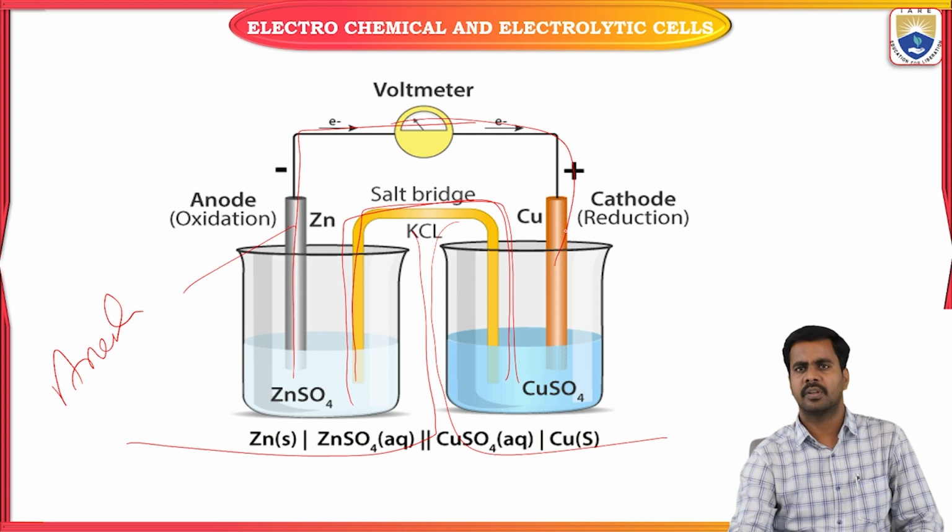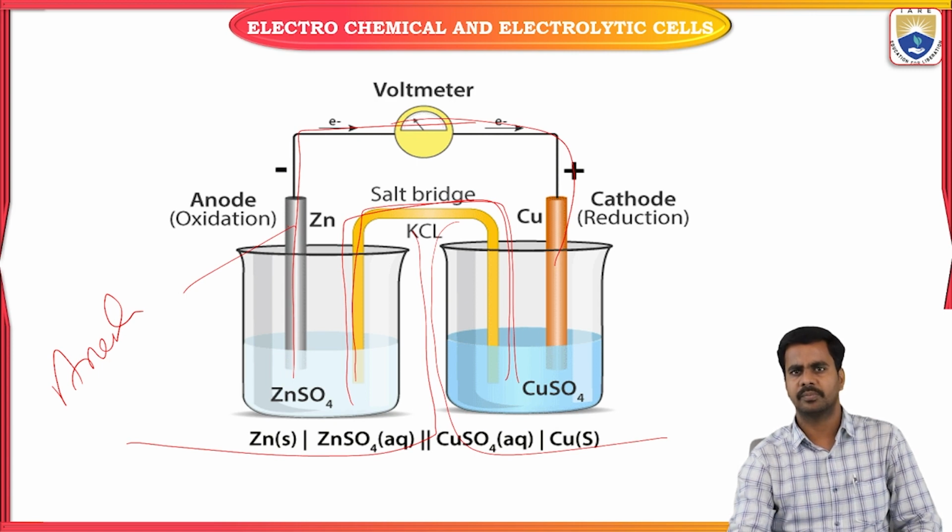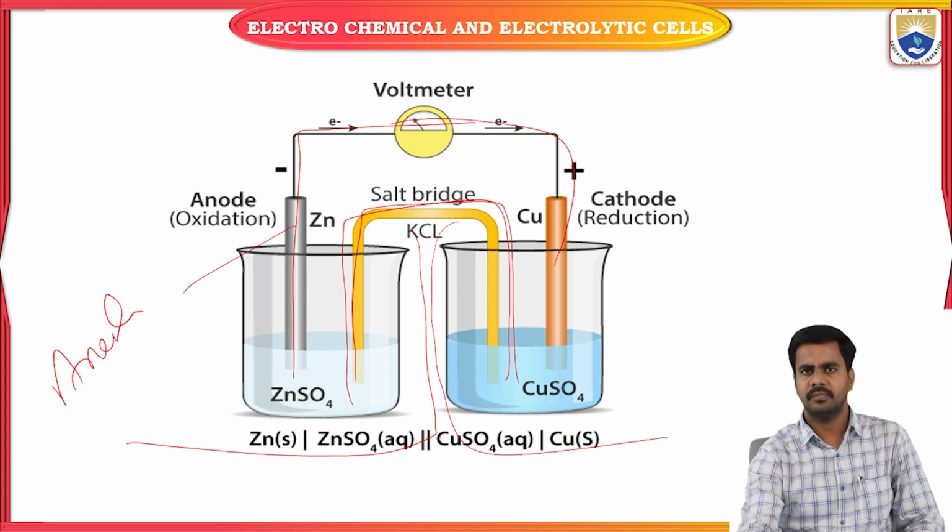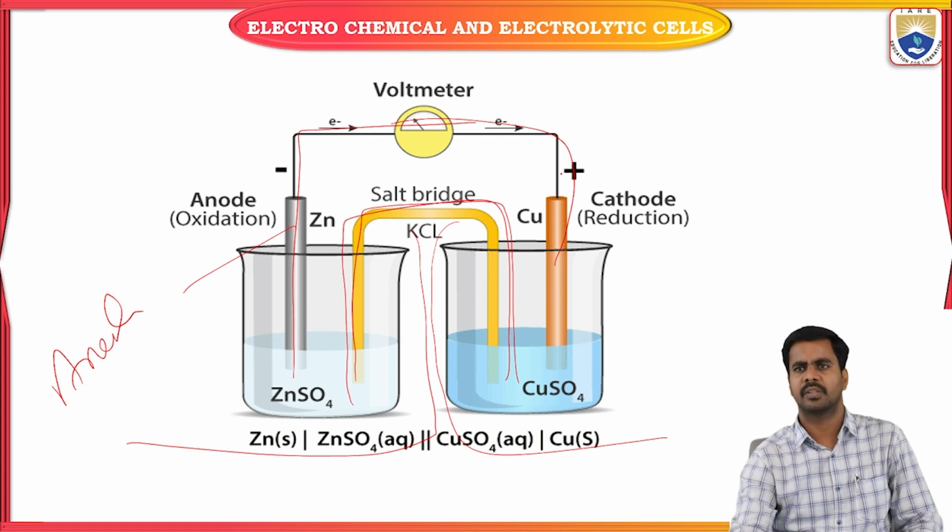Copper gains the electrons coming from the anode and forms copper.